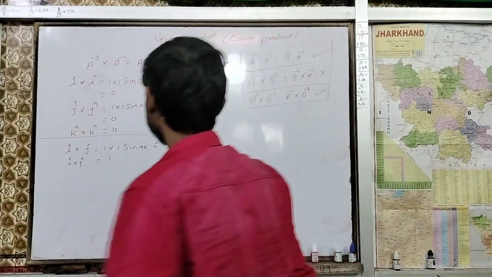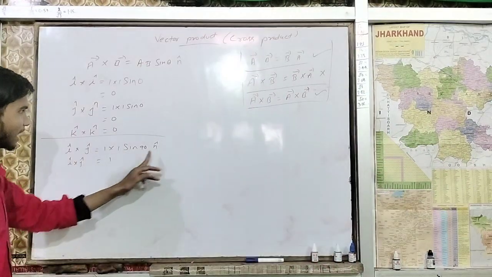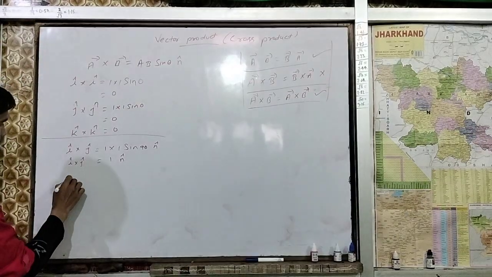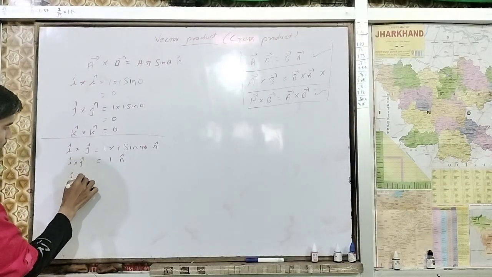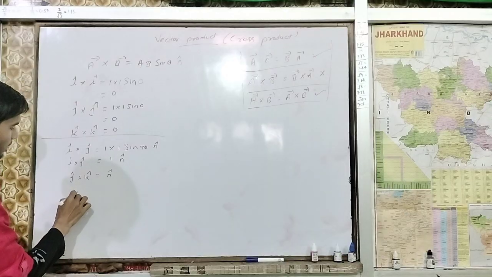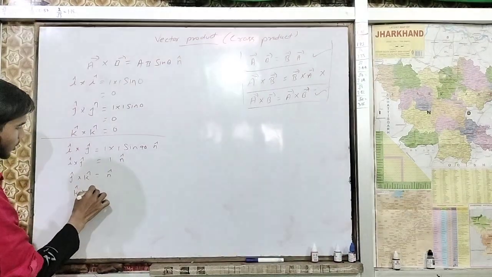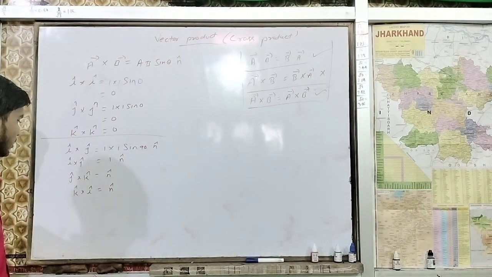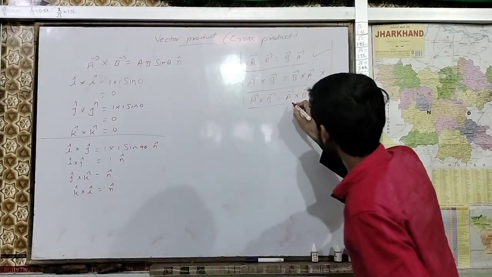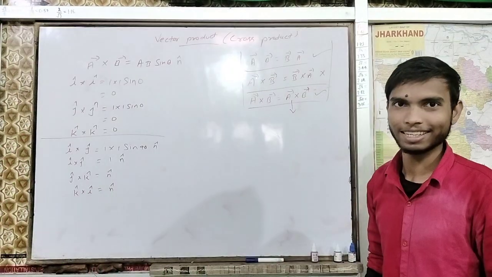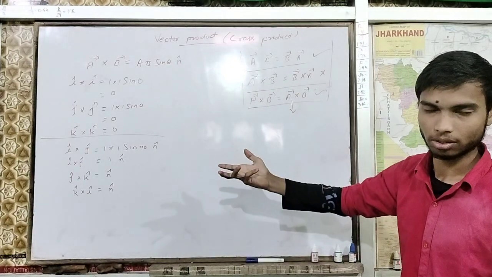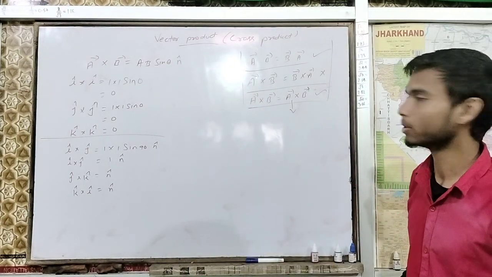Now, we were over here 1 and we left this n cap. Same, if you take this j into k cap, you will get again n cap. K cap into i cap, you will get again n cap. I said something in this: if you change your orders, direction will be changed.